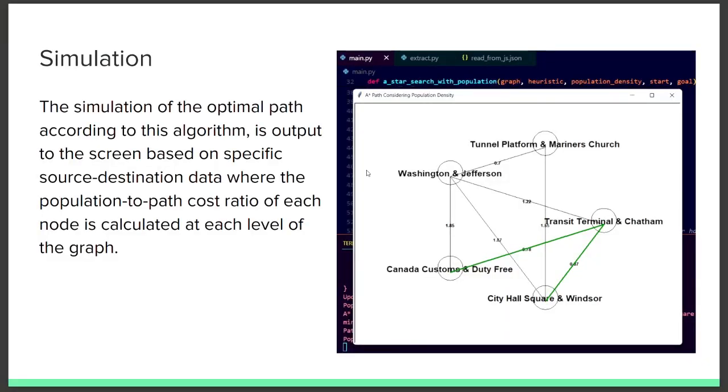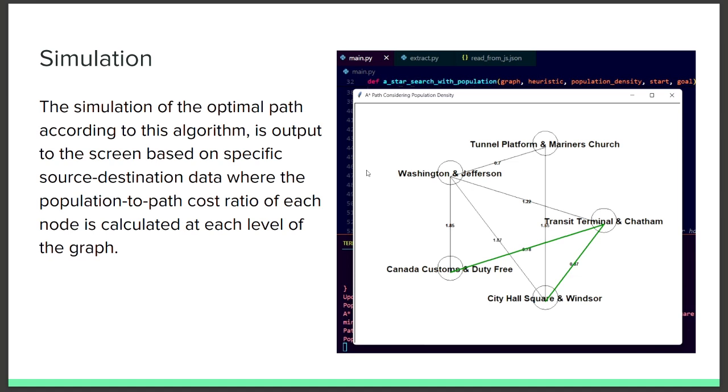As you can see, the simulation of the optimal path according to this algorithm is output to the screen based on specific source and destination data, where the population to path cost ratio of each node at each level is calculated and the minimum value at each level is added to the optimal path throughout its traversal.